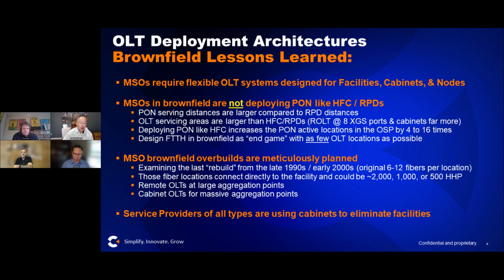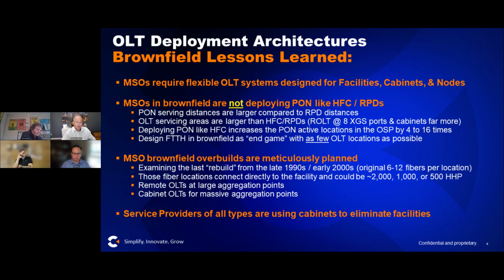And if you place an OLT at that location or even further up, you could utilize some of the densities that are found in remote OLTs today, which are like 8 ports. You could have large aggregation points if you use a remote OLT architecture, or even more massive aggregation if you use a cabinet.